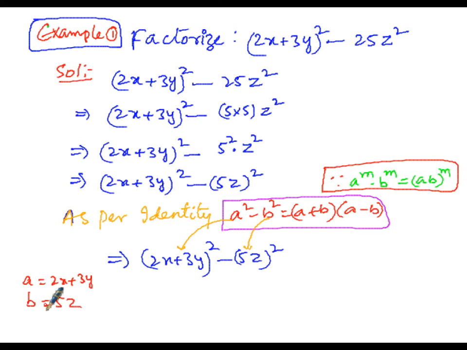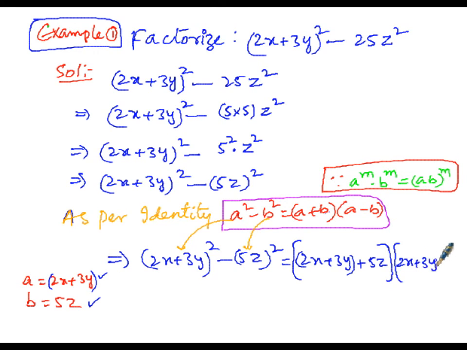So in order to get the result, the factors are: your first factor, a is 2x plus 3y, plus b value is 5z, bracket close, into a is again 2x plus 3y, minus b is 5z.